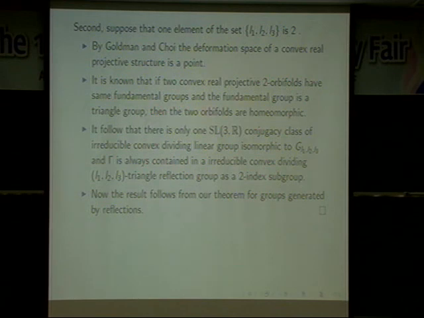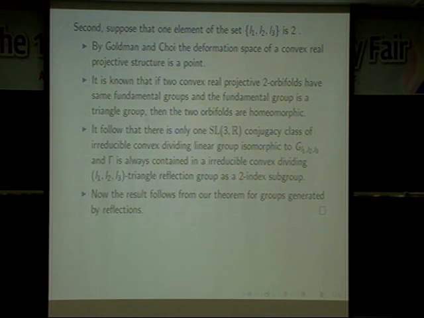Now the second condition: remember that one element of the set L1, L2, L3 is 2. Then by Goldman and Choi, the deformation space of this convex real projective structure is a single point. It is known that if two convex real projective orbifolds have the same fundamental groups and the fundamental group is a triangle group, then these two orbifolds are homeomorphic. It follows that there is only one SL3R conjugacy class of images of convex divisible linear groups isomorphic to this L1, L2, L3 triangle group when one of L_i is equal to 2.